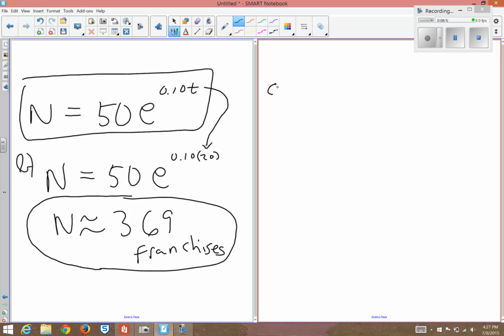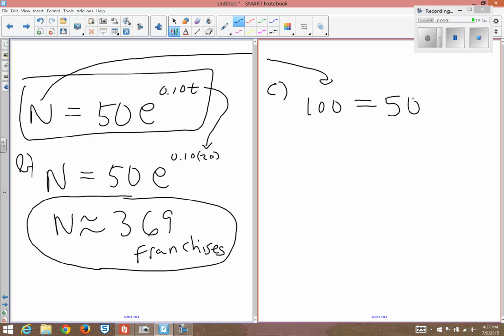If the number of franchises doubles, that means the number of franchises will be 100 equals 50, that's how many originally, e to the 0.10t. So we're taking this formula and replacing n, that's number of franchises, with 100 because we're trying to find the time. We want to find the time it takes for the 50 franchises to double.